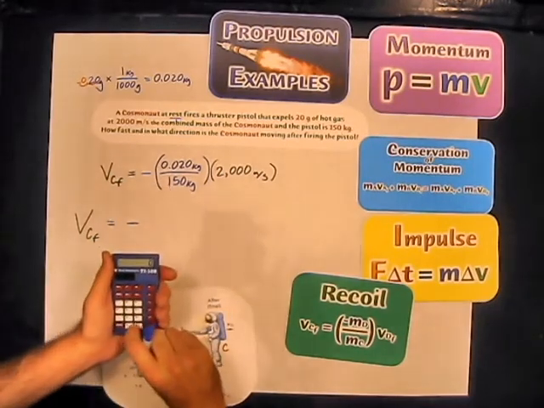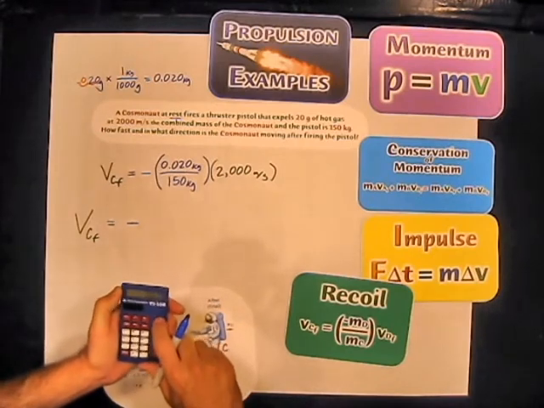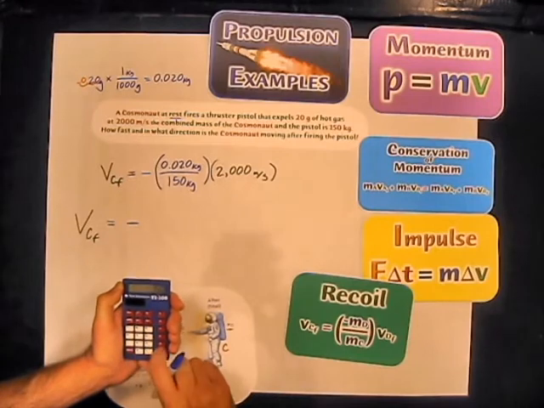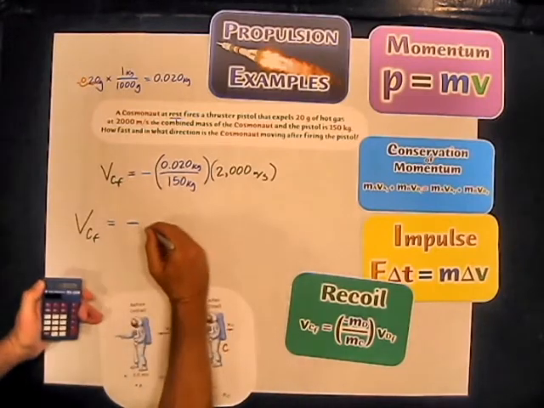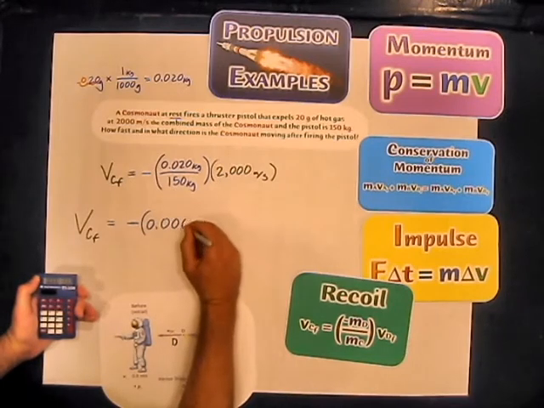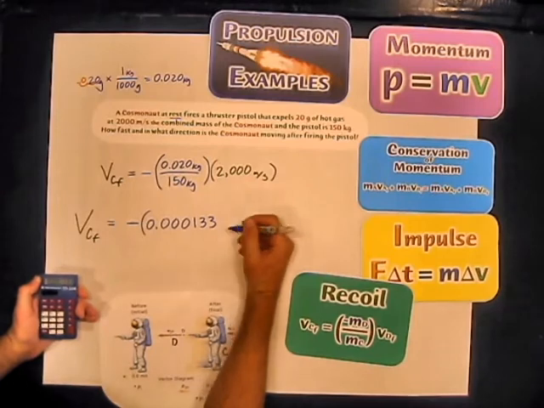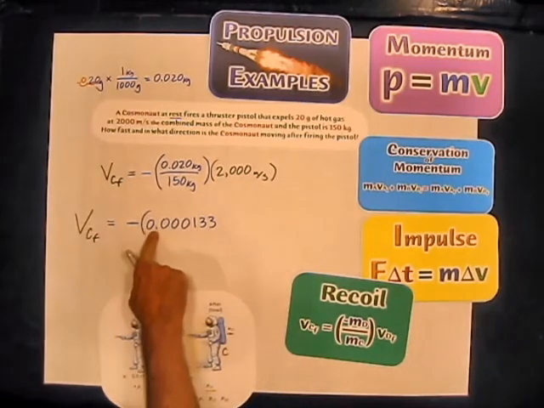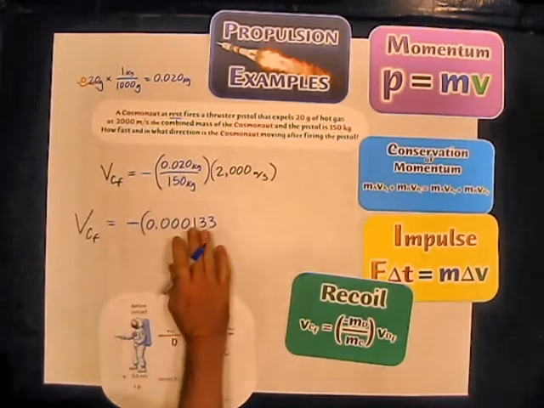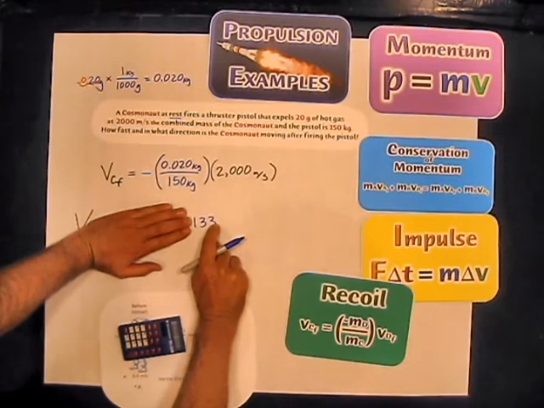So 0.020 divided by 150 equals, very small number, 0.000133. So you're saying, Mr. Pemble, why are you keeping all those digits when usually you round way over here? That's because, remember, in scientific notation, if the decimal were there, that would only be to the hundredths place.